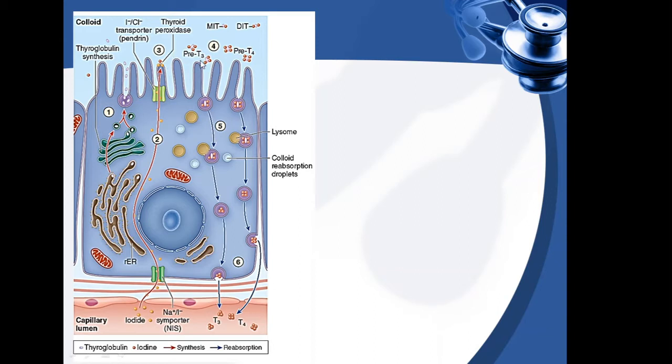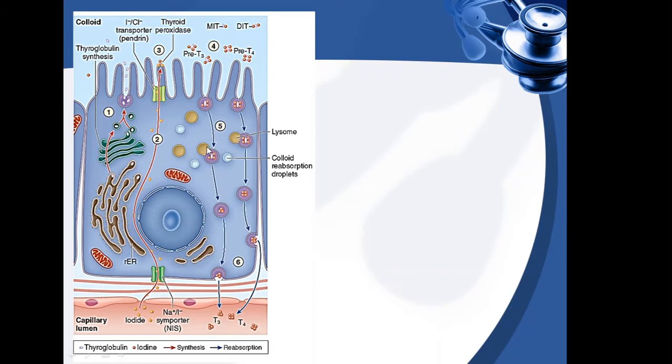In the fourth step, the thyroglobulin or the tyrosine residues in the thyroglobulin undergoes iodination and forms pre-T3 and pre-T4. In the fifth step, the pre-T3 and the pre-T4 is endocytosed into the cell, and it fuses with the lysosomes so that it undergoes proteolysis.